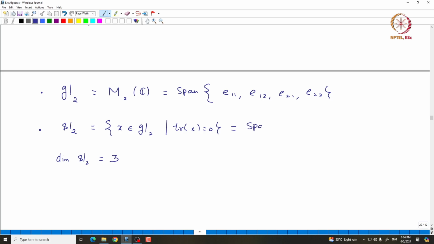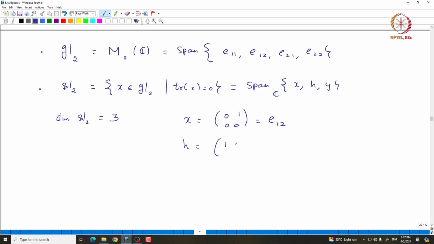We denote the standard basis of SL2 by x, h and y, where x is the upper triangular matrix 0, 1, 0, 0, which is E12, h is the diagonal matrix 1, 0, 0, minus 1, which is E11 minus E22, and y is the lower triangular matrix 0, 0, 1, 0, which is E21.